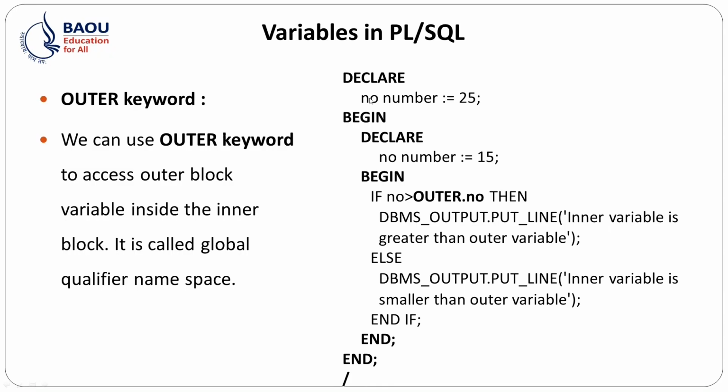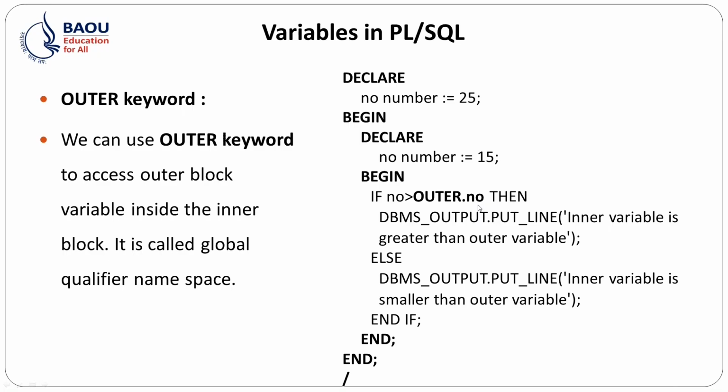How can we identify both variables? Here, if we write just number, this number is the inner variable, because this number is declared and used only within the inner block. The outer label is used when the global variable and local variable names are the same. Then we use the outer keyword.